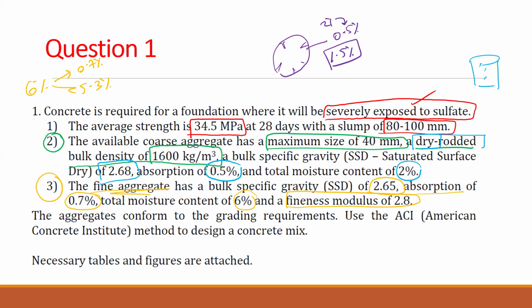We discussed fineness modulus last week, so you know what it is. Now we have to use it. It is a process of calculating how much of fine aggregates are in that.